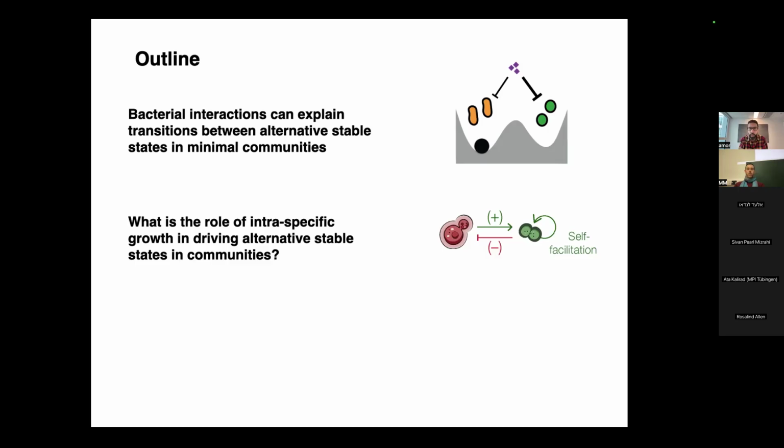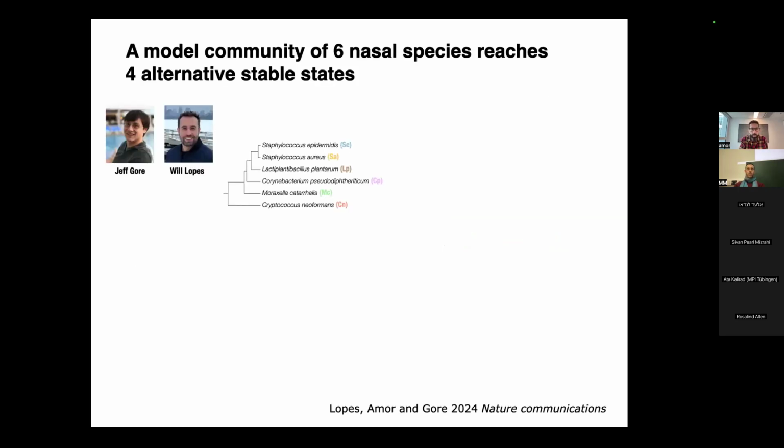So this is work that Will Lopez, a postdoc at Jeff Kor's lab, did very recently, and he was interested in making an experimental system that was representative of the human microbiota. So he selected these 6 different species that come from nasal isolates. So this means from the nasal microbiota.